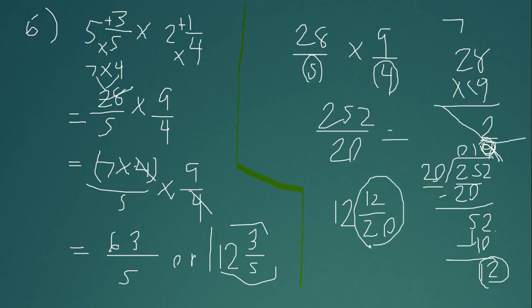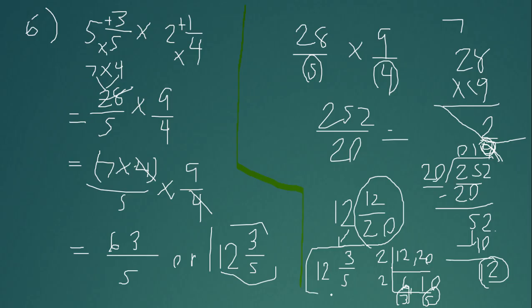Simplify 12 and 20. What is 2? What is 6? That's why 10. What is 2 is 3 and is 5. So therefore, the answer is 12, 3, 8.